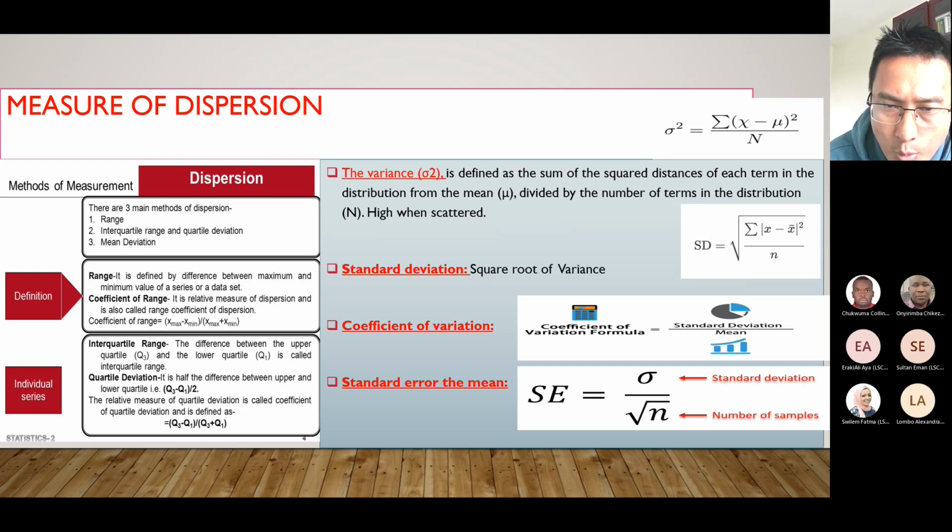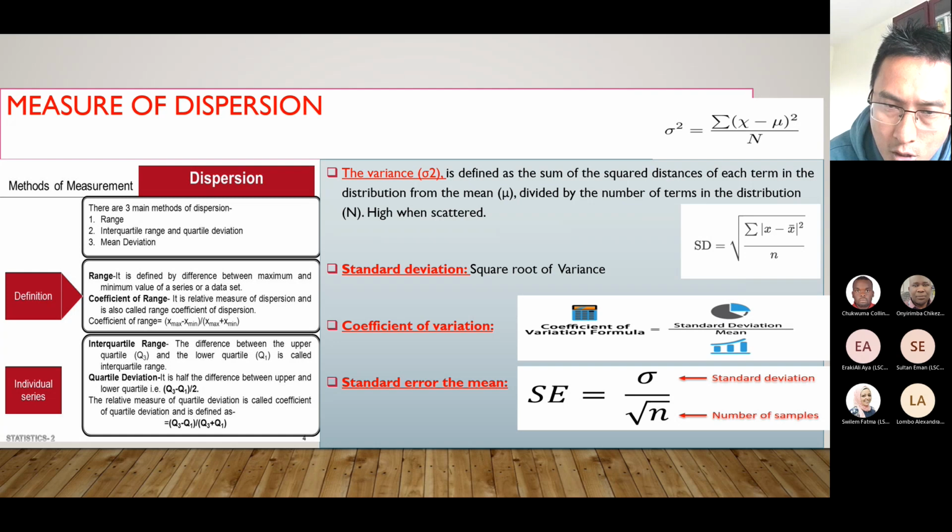In basic terms, what we can understand is that for variance you get the mean. Okay, so this is the mean. Can you see my arrow? Yes. Then these are the individual items or numbers. You subtract the mean and square it. You do that with each individual number and divide by the total number of the sample.